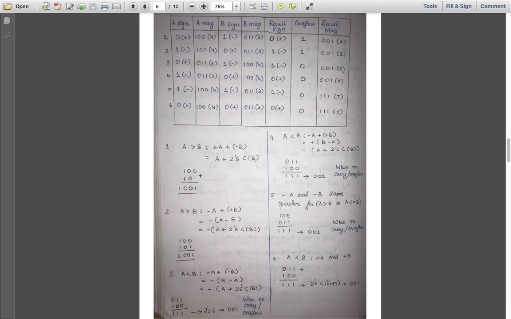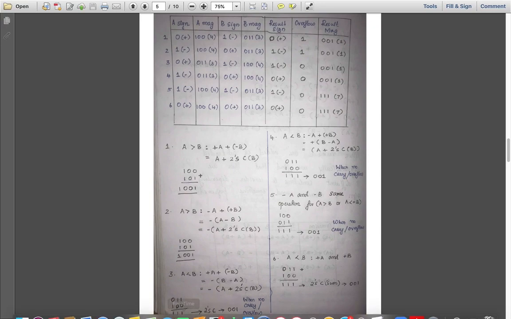The 2's complement of B is 100. So here in this third case, B's magnitude is 4. So 100's 2's complement is 100 itself. In the first two cases B's magnitude was 3, but in this third case we are taking B's magnitude as 4. Okay, so this is the highest value. B has the highest value here, so A is smaller than B. Again the 2's complement of B is 100 itself.